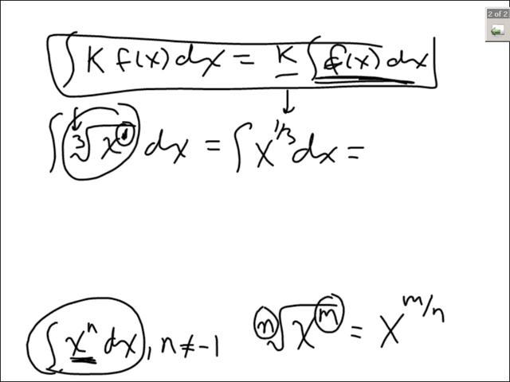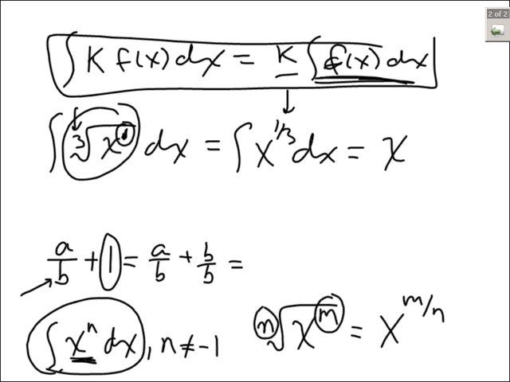I add 1 to the power. Now, if you have a fraction and you want to add 1, which you usually want to do with integrals, think of the 1 as b over b. That is, whatever is down here, think of this as that number over that number. And we're just going to do this once, and we'll get a nice formula.